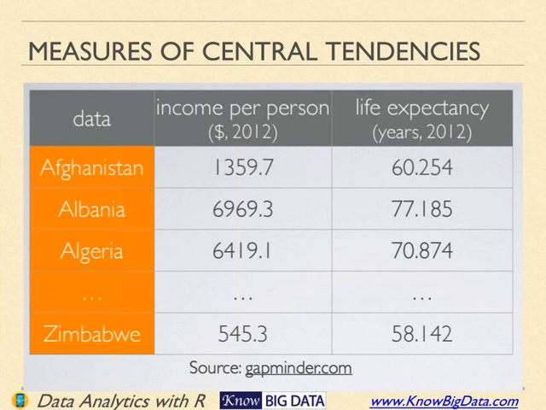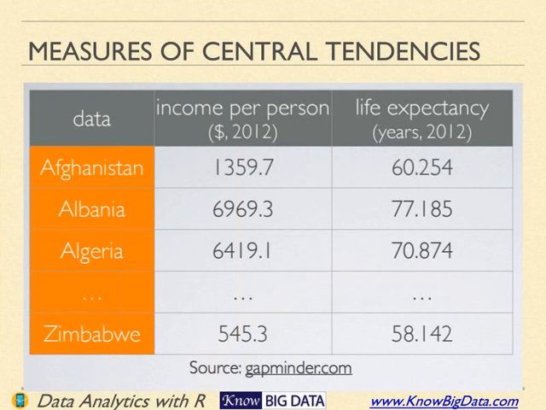Now, there's a reason why median exists. Generally, in statistics, median is considered a little better, and the reason is this graph showing income per person and life expectancy.